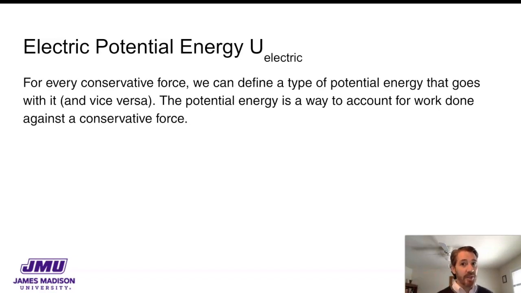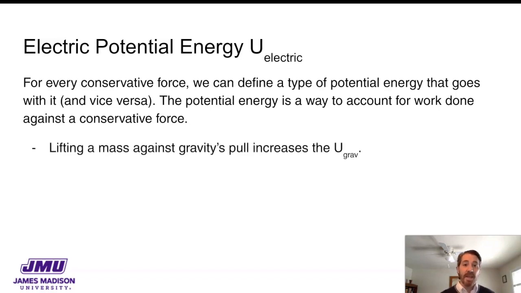And every time someone mentions potential energy of a specific type, there's a conservative force that they're talking about also. So we either want to talk about gravity doing work on an object, or we want to talk about the gravitational potential energy and kinetic energy relationship for that object related to its gravitational field, or the Earth.